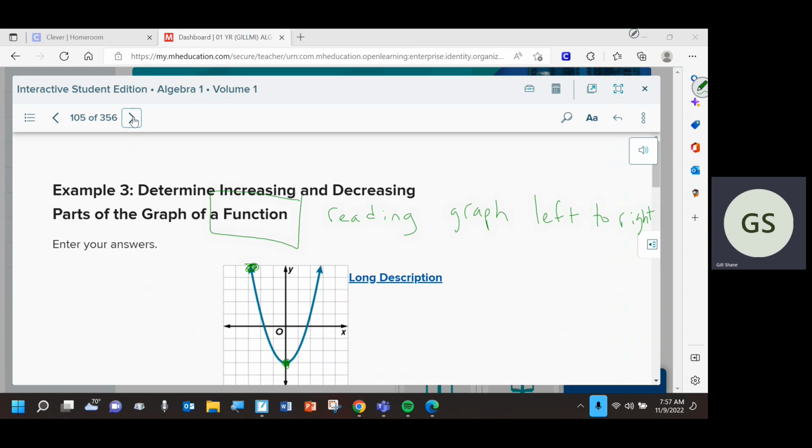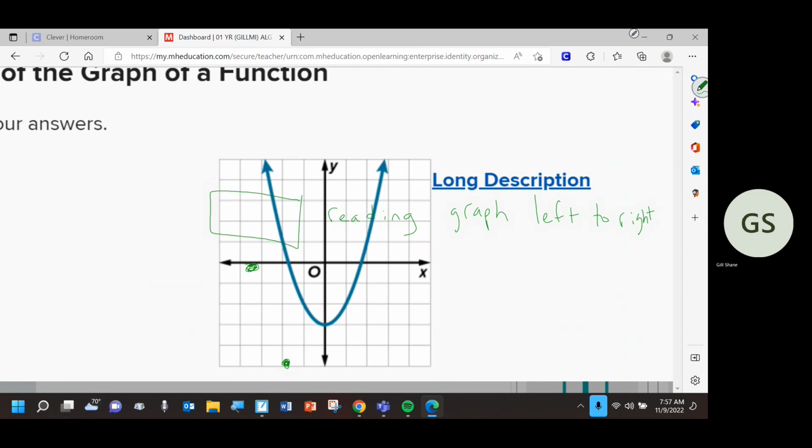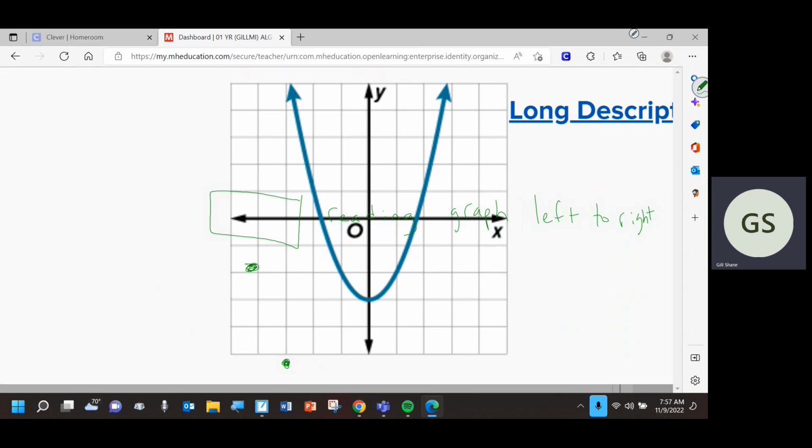Well, the blue line, oh, can I zoom in? Yeah. I'll get rid of that green stuff. So I'm starting here. I'm going that way. Again, I go from left to right. What's the line doing? That blue line from where I circled, what's it doing? It's going down, right?